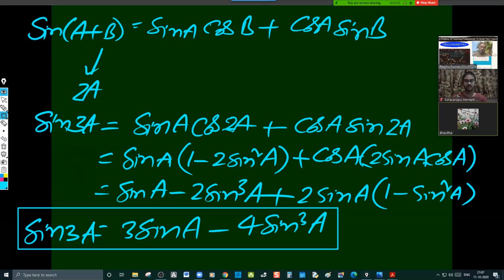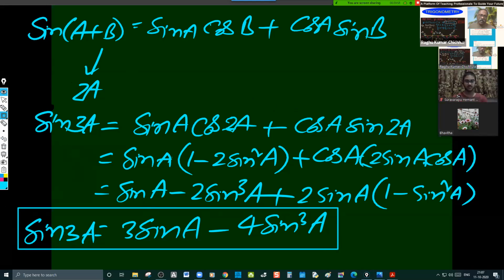Do you know the reduction formula related to this, Bhavita? Let me write that first. Sine 3a is 3 sine a minus 4 sine cubed.